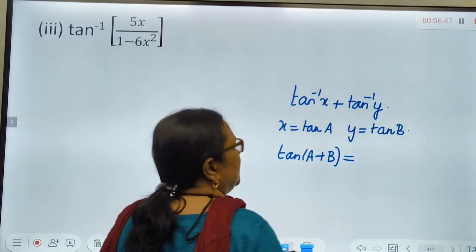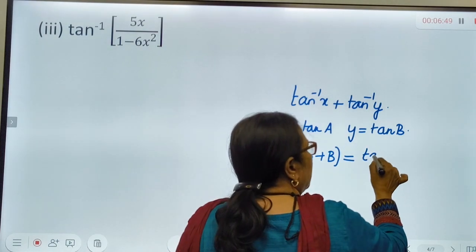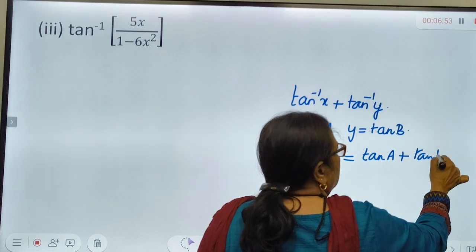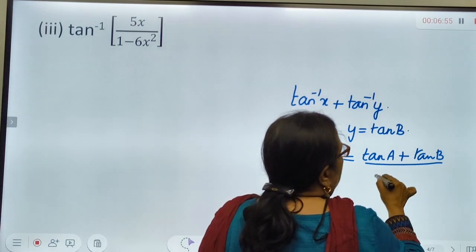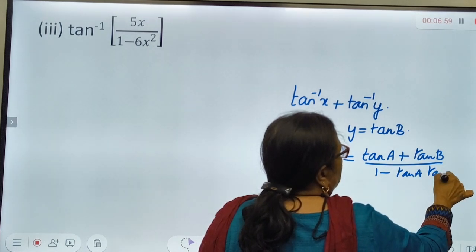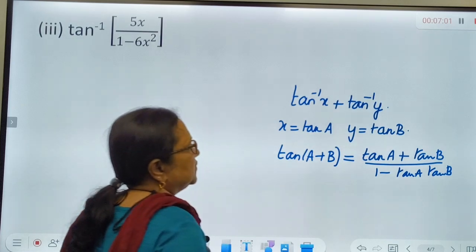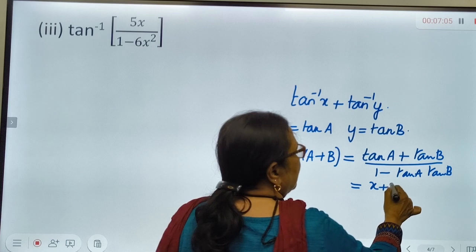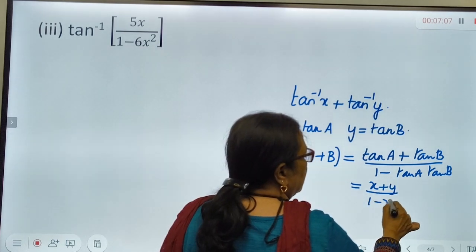Tan of A plus B, you know, is tan A plus tan B divided by 1 minus tan A tan B. Now tan A plus tan B by 1 minus tan A tan B is x plus y by 1 minus xy.